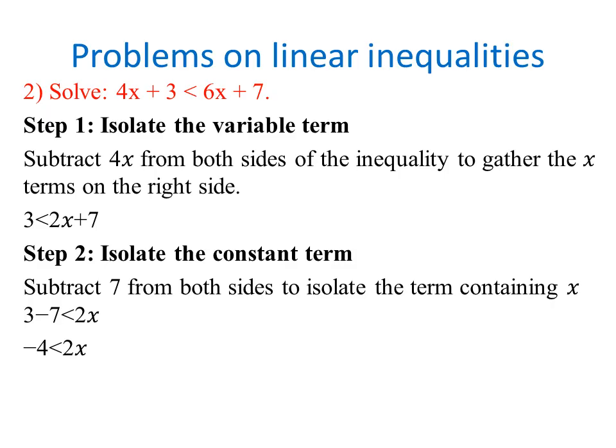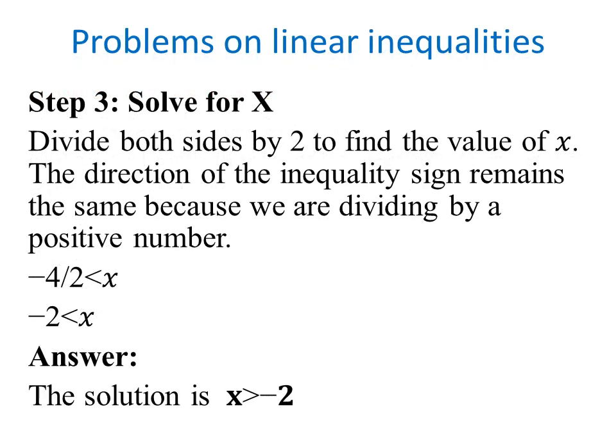In step 2, we isolate the constant term. Here we subtract 7 from both sides to isolate the term in x. That is 3 minus 7 less than 2x, that is minus 4 is less than 2x. After this, we solve for x.